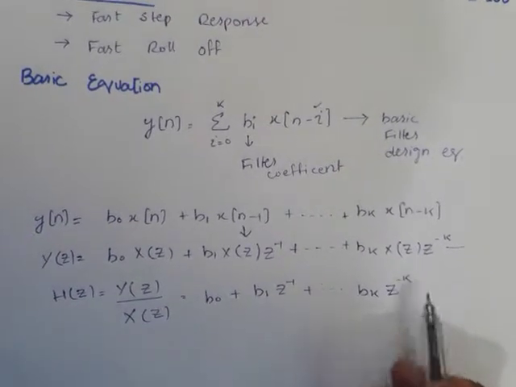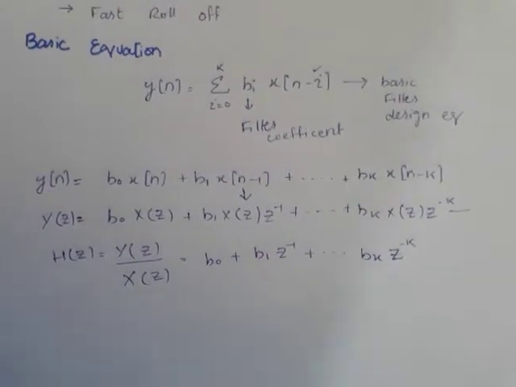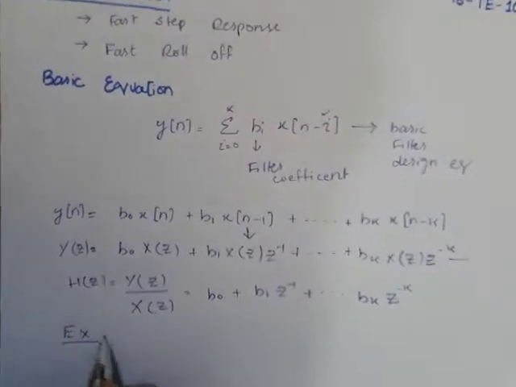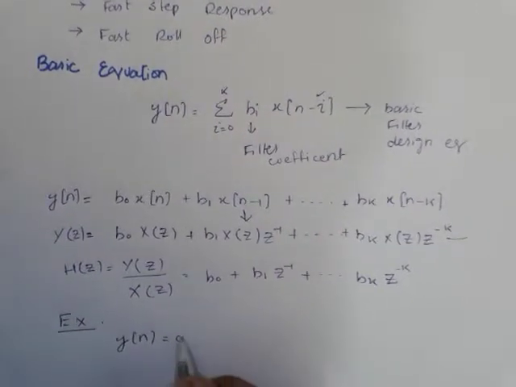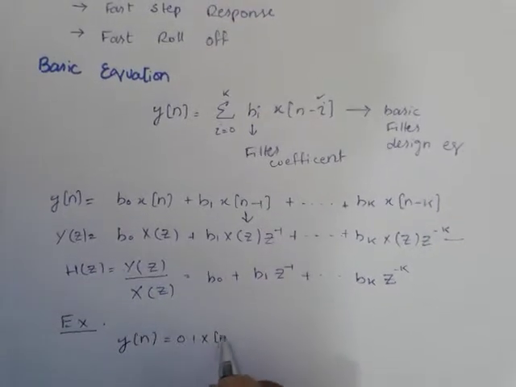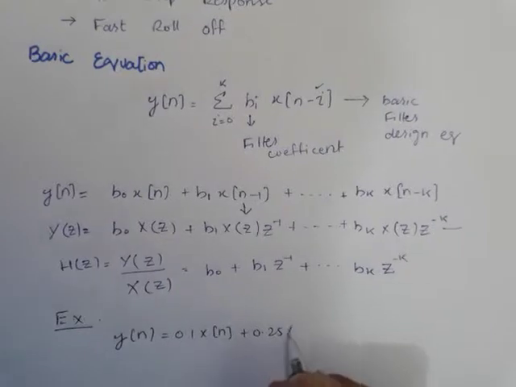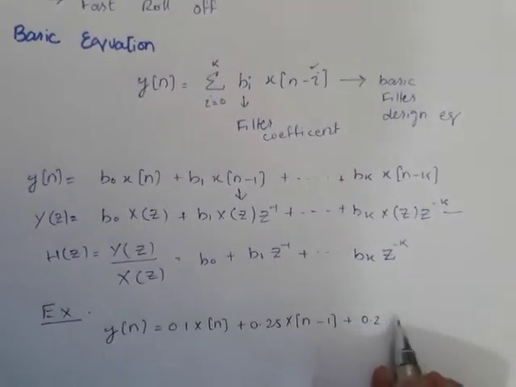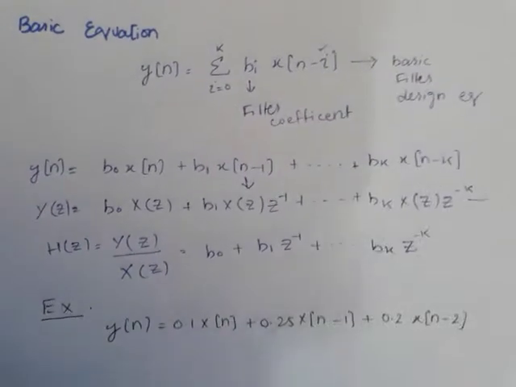z power minus k. Now let's take another example. Suppose we have y of n equal to 0.1 x of n plus 0.25 x of n minus 1 plus 0.2 x of n minus 2.